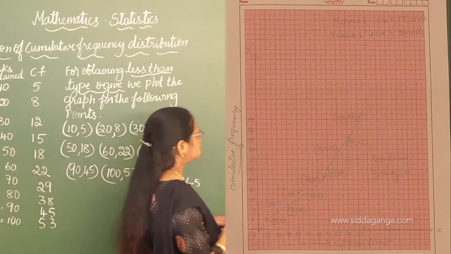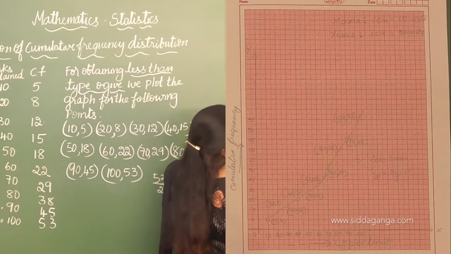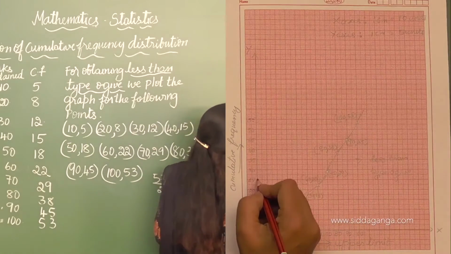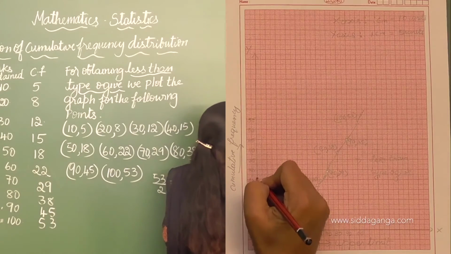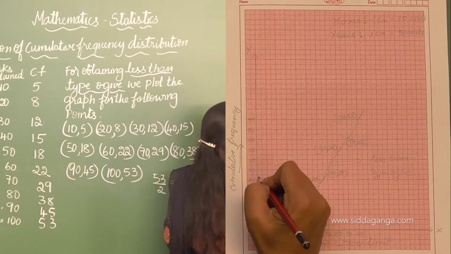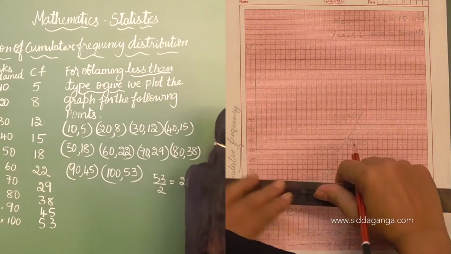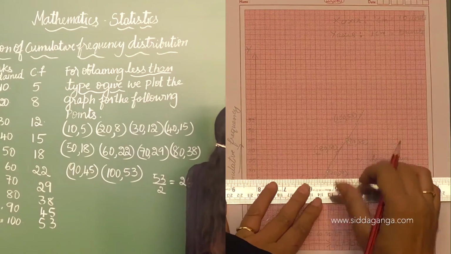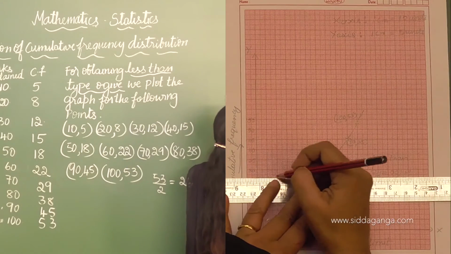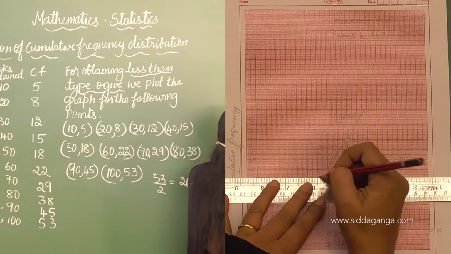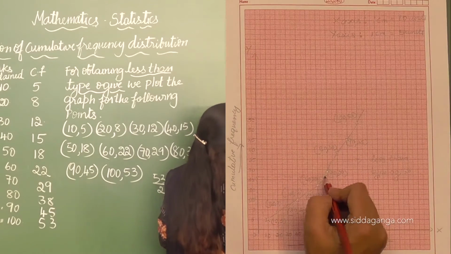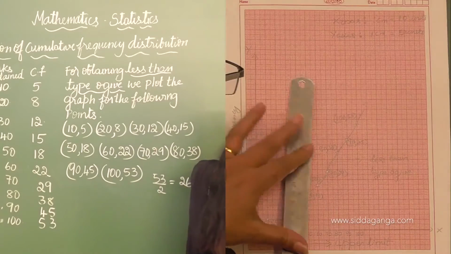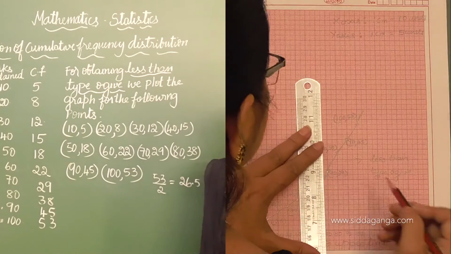Now just see here, 25 is here, 26 means 2 divisions here, somewhere here you will get 26. So you have to draw a perpendicular like this, which will just meet the curve, and again one more perpendicular to the y axis.